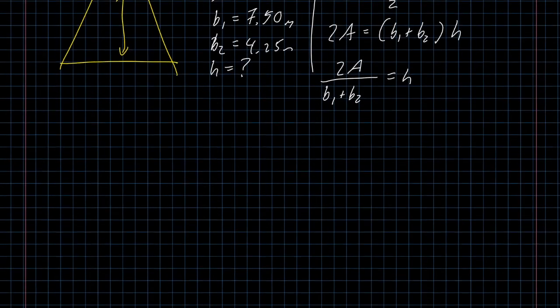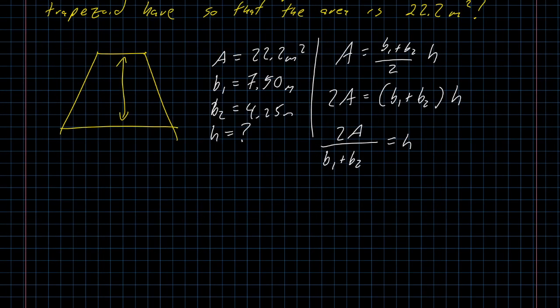I didn't quite leave myself enough space to actually do anything with it. I guess I should switch the order. We usually have the thing we're looking for on the left-hand side, but I can fill in all of my data.